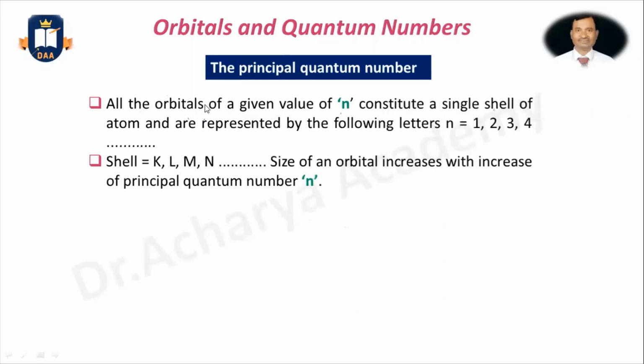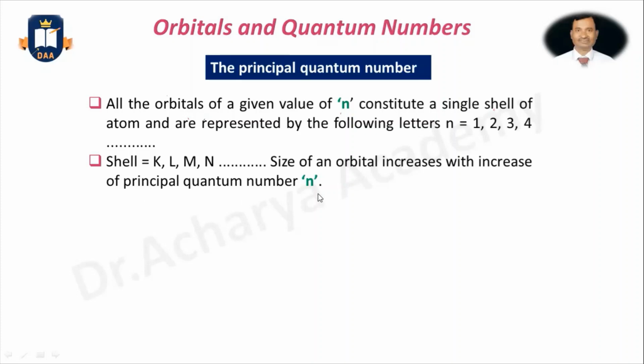All the orbitals of a given value of n constitute a single shell of the atom and are represented by the following letters. n is equal to 1, 2, 3, 4, and the shells we denote by the capital letters K, L, M, N. The size of an orbital increases with the increase of the principal quantum number n.